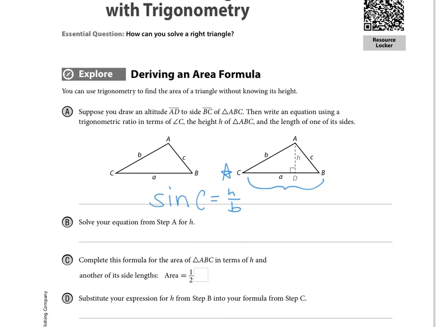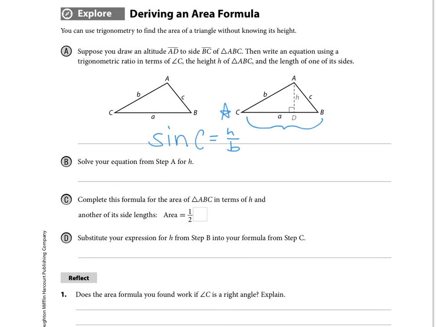Then we're going to solve that equation from step A for h. And to get h alone, we just multiply both sides by b. So we get that h equals b times the sine of angle C. Then what we're going to do is complete this formula for the area of triangle ABC in terms of h and another of its side lengths.